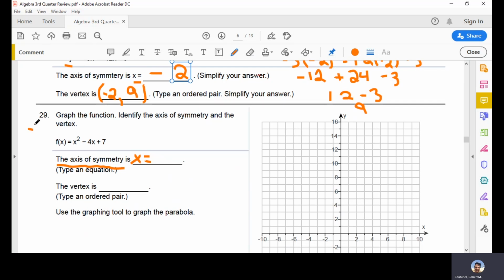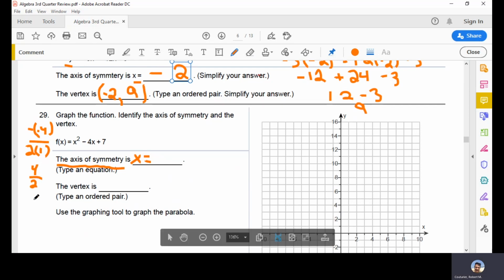So the opposite of b is a -4, divided by 2 times a. In this case, a is 1. So a negative times a -4, distribute the -1, you have a +4. 2 times 1 is 2. So 4 divided by 2 is 2.